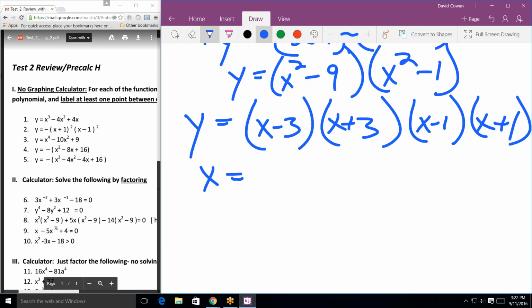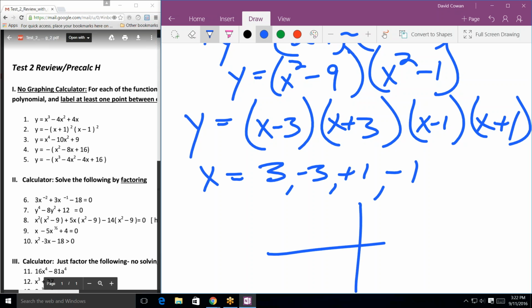You have plus or minus 3 and plus or minus 1. So if I'm graphing that, there's plus or minus 3, there's plus or minus 1. So I know it has to go through those 4 points.